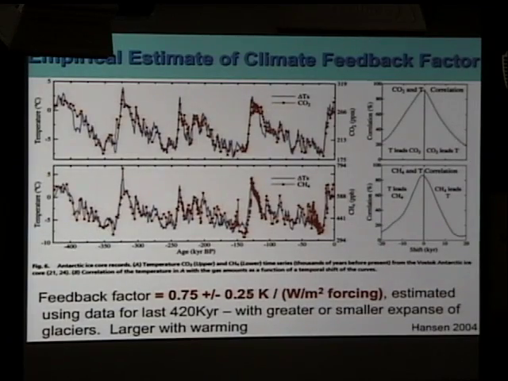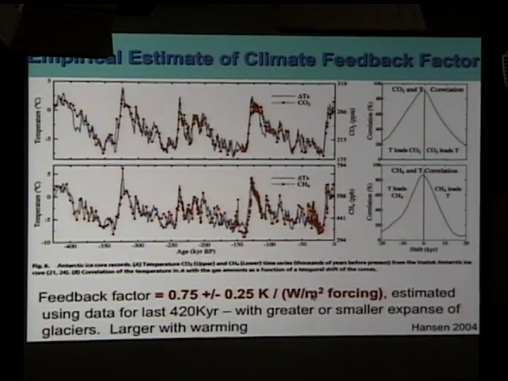I won't go through the regression, but you get a feedback factor from the ice core of about 3/4 of a degree Kelvin per watt per meter squared forcing. Okay, this is empirically derived from the ice core data. Over the last 400,000 years, to lowest order, if the system changes by 1 watt, we get 0.75 Kelvin.